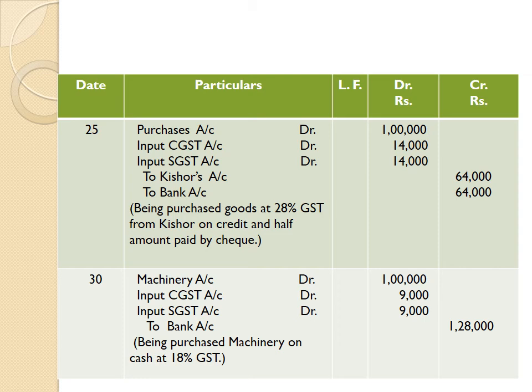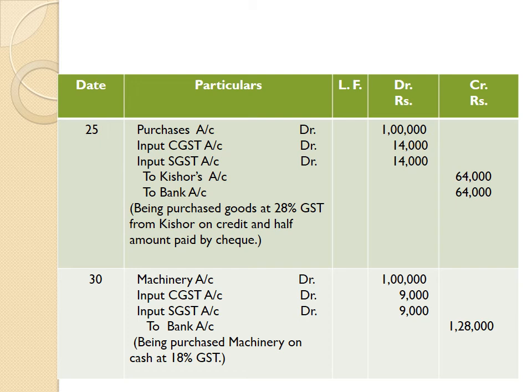So two items are credited here: to Kishore's account 64,000, to bank account 64,000, being purchased goods at 28% GST from Kishore on credit and half amount paid by check.